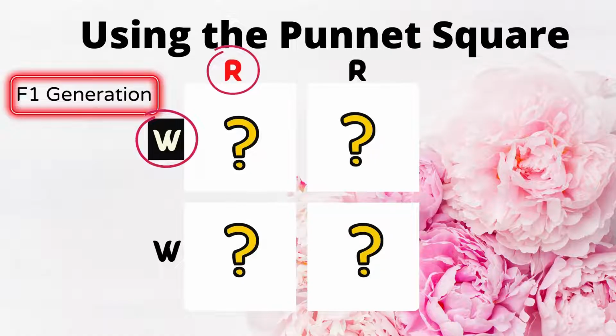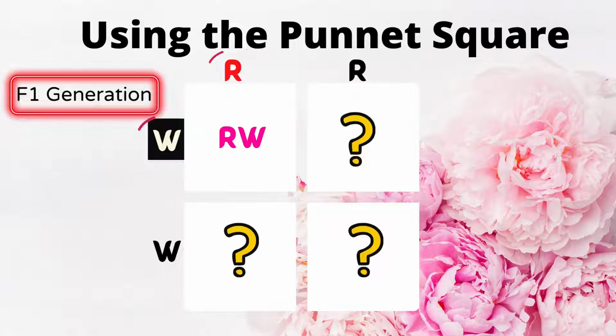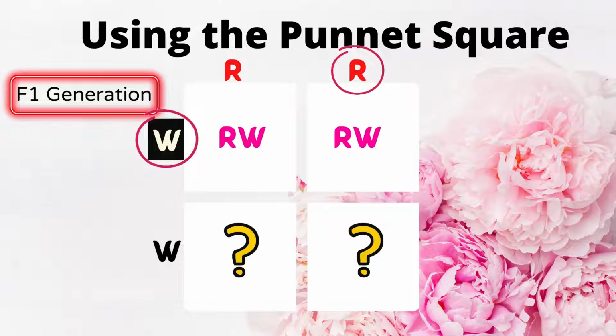Now let us fill in the first box, combining the gametes from the 2 parents we can get RW, and RW is a pink color based from our legend. Now let us proceed to the next box. Combining R and W is RW, and again, RW stands for color pink.